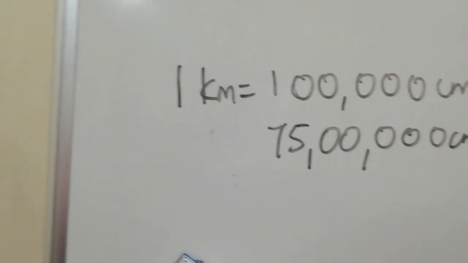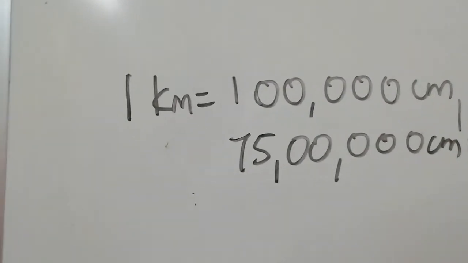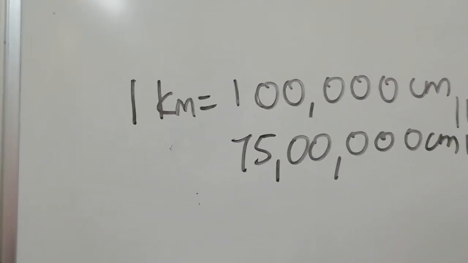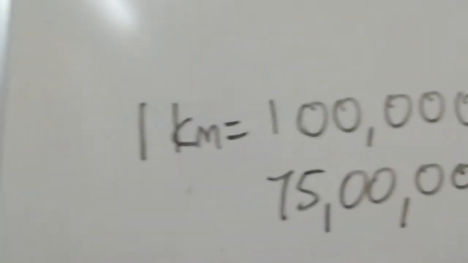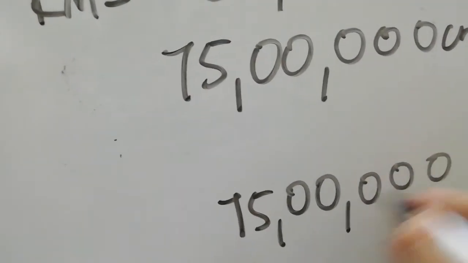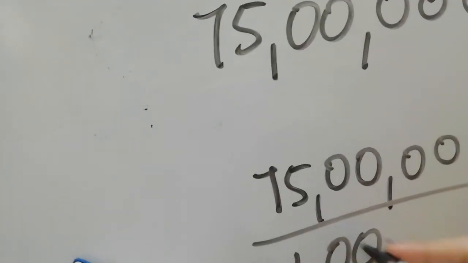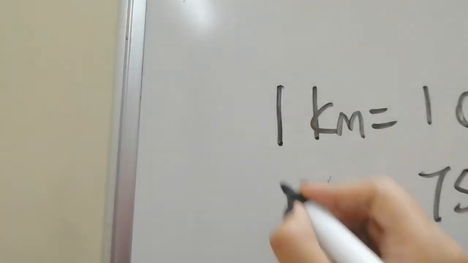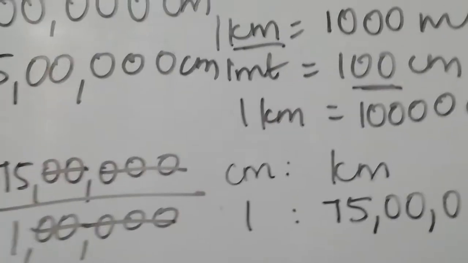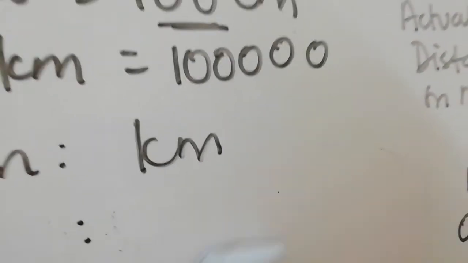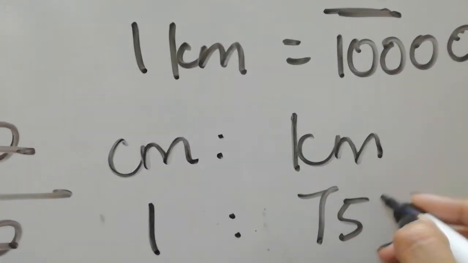If 1 kilometer is equal to 100,000 centimeters, what will be 7,500,000 centimeters? You just have to convert this, divide by this. So it is 75 kilometers. Now we have got 75 kilometers, so this will be my actual scale, 1:75 kilometers.